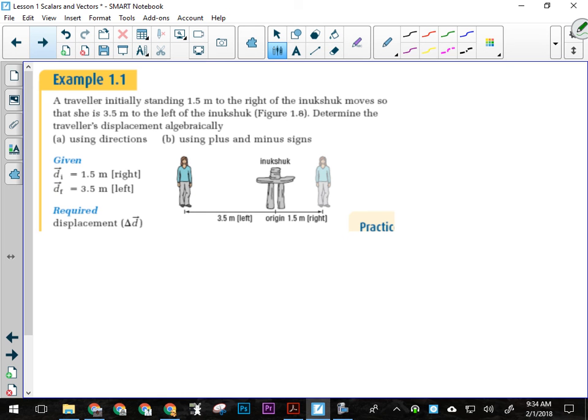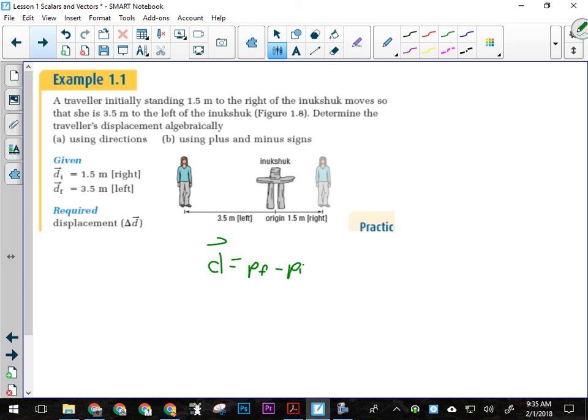All right, well, we just said a minute ago that displacement is your change in position. That means final position minus initial position. Now, their initial position is 1.5 meters right. Their final position is 3.5 meters left. Left and right are opposites. Mathematically, that means one's positive, one's negative.